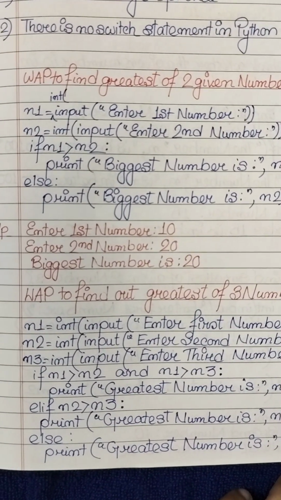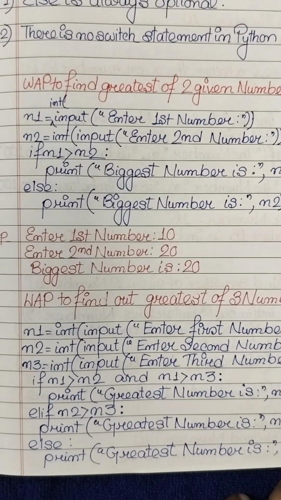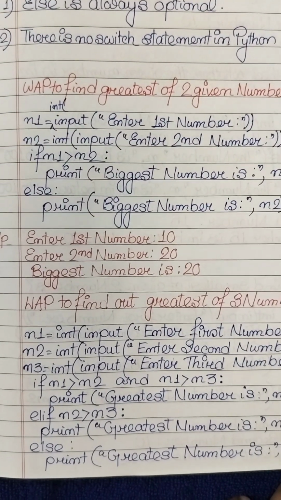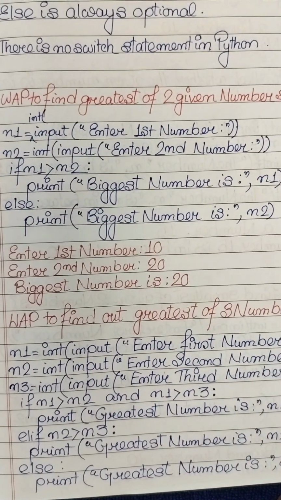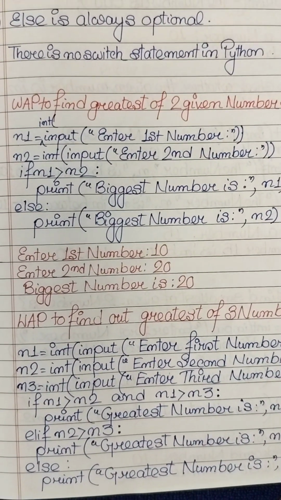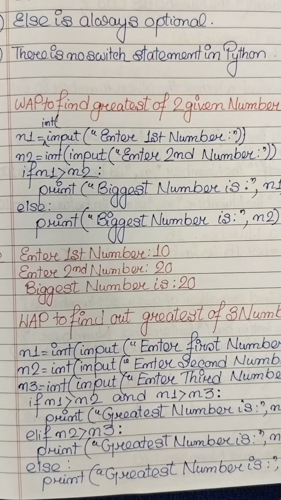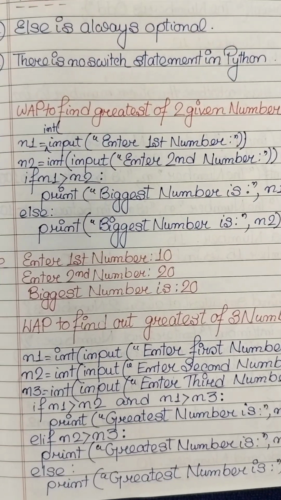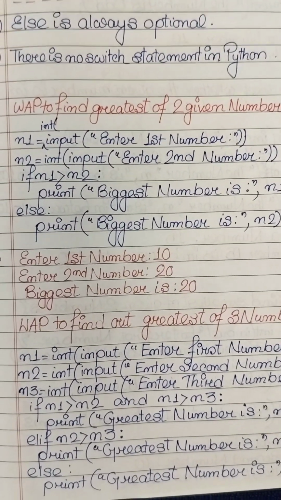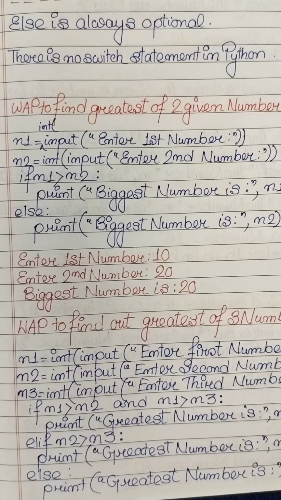This is the way we can take integer variables as input in Python. Next, if n1 is greater than n2, then print biggest number is n1, else print biggest number is n2.